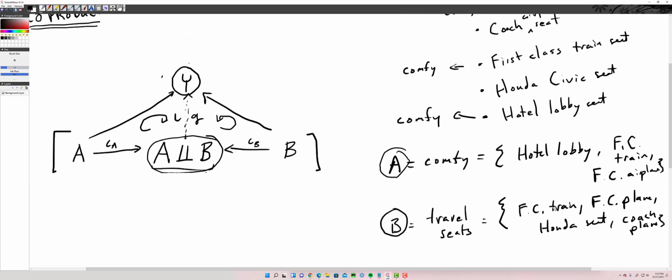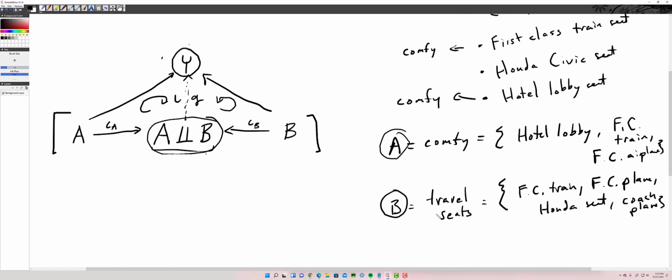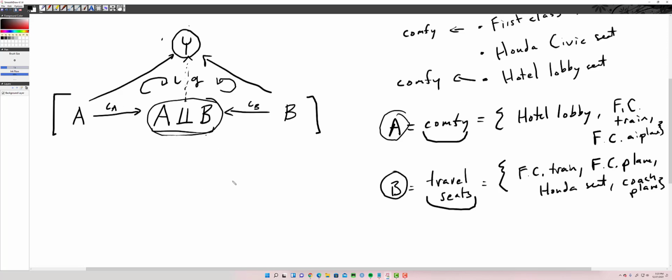And notice what I'm doing here, right? I'm making copies of these, but I'm still going to have to state that they're part of different sets. So when I have my disjoint union here, I'm going to have A, hotel lobby, A, first class train, A, first class airplane.